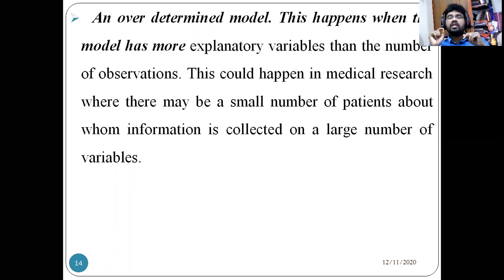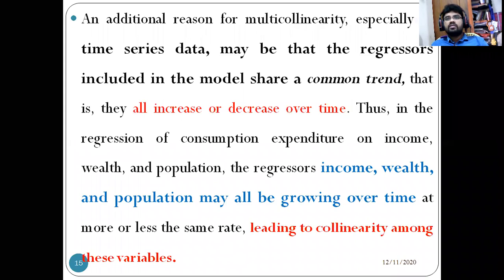When running a regression model, your observations should be more than your independent variables. For example, with one dependent variable and three independent variables, you should take more observations, that is, more data or number of years.